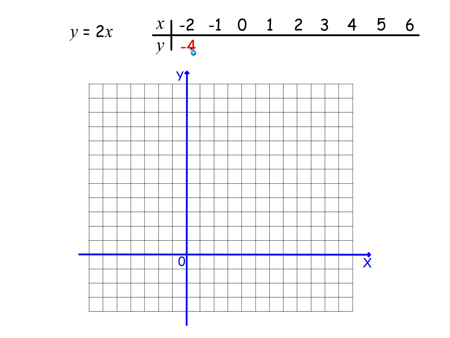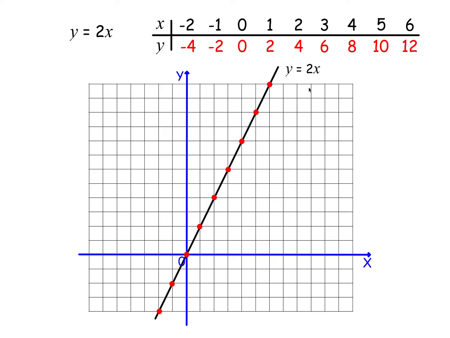X coordinate -1, y coordinate is twice that, and so on. So we're doubling up the x coordinates, multiplying them by 2 to fit the description y equals 2x. Plot these points, (-2, -4), (-1, -2), (0, 0), (1, 2), (2, 4), etc. The line is a straight line. And any point on that black line will fit the description: the y coordinate is twice the x coordinate.